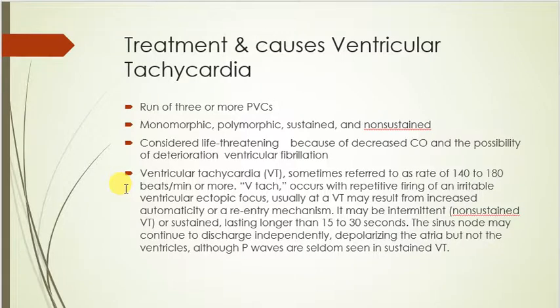So correcting these things like hypoxia and electrolytes may be something that we can do to keep it from becoming sustained. So once it becomes sustained, then we've got a problem, right? So you may have monomorphic, meaning that your VTAC all looks the same, or polymorphic, sustained or non-sustained.